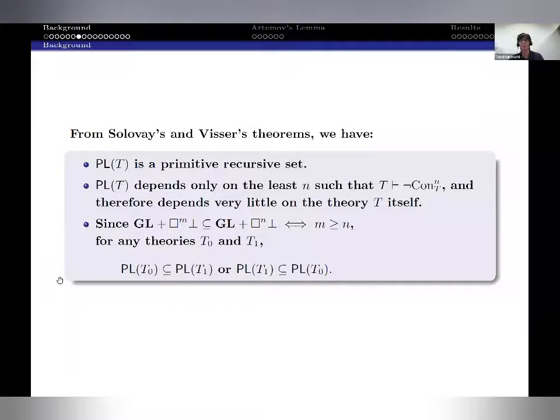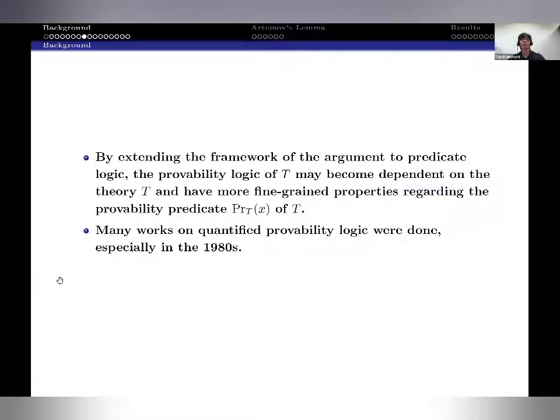There are situations of propositional provability logics. By extending the framework of the argument to predicate logic, the provability logic of T may become dependent on the theory T and have more fine-grained properties regarding the provability predicate of T. In fact, many works on quantified provability logic were done, especially in the 1980s.